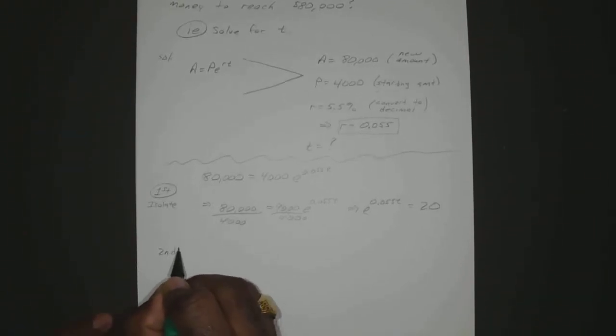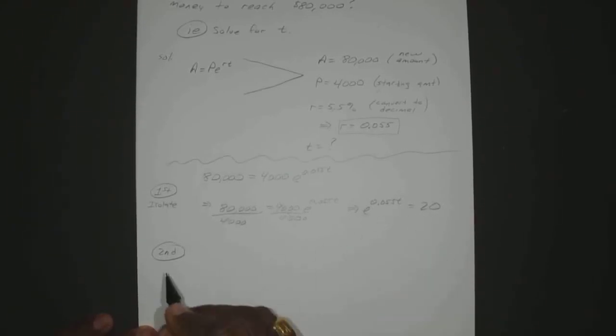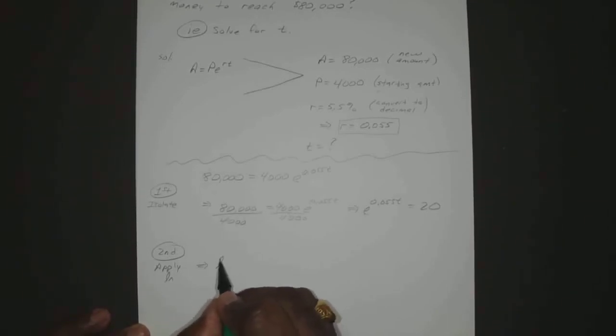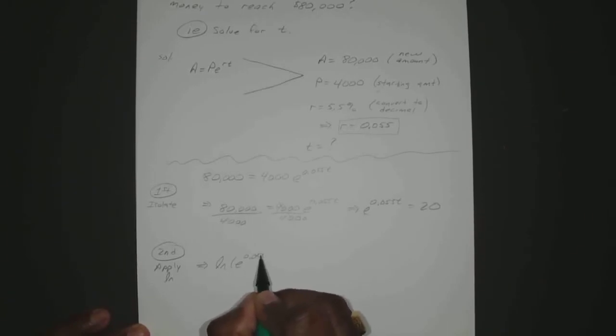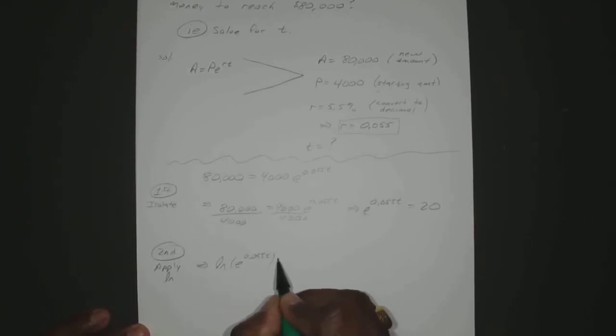Now your second step, you're going to apply the natural log. So that gives us the natural log of e to the 0.055t equals the natural log of 20.